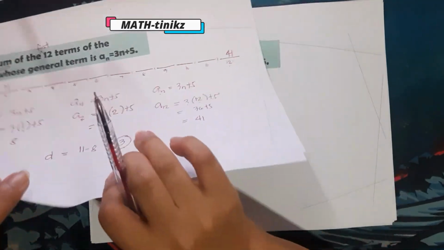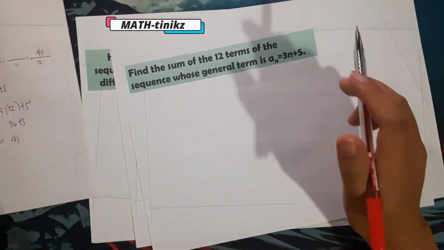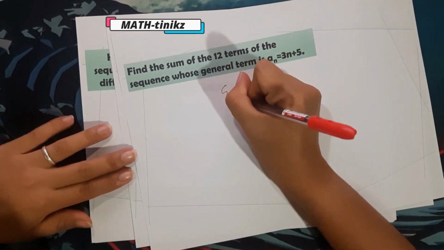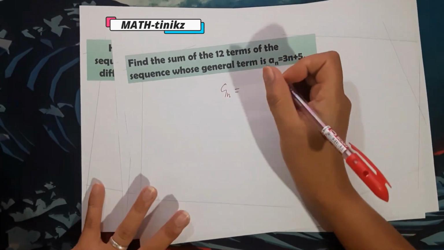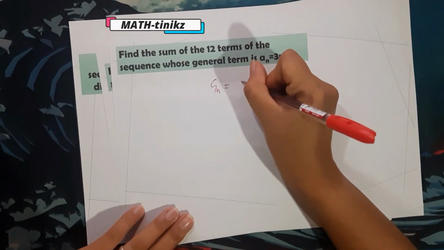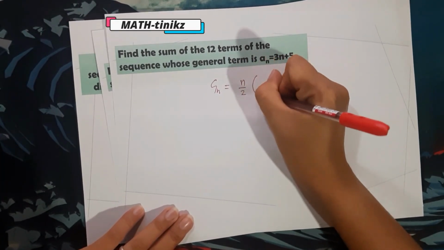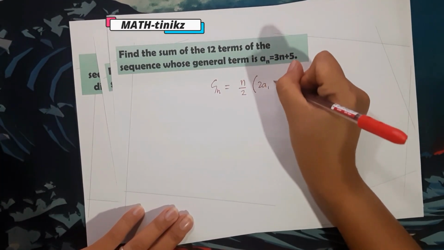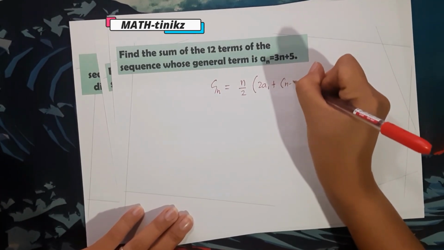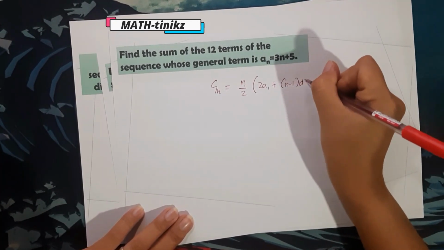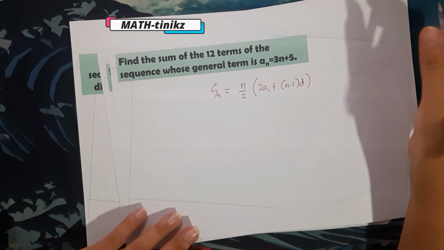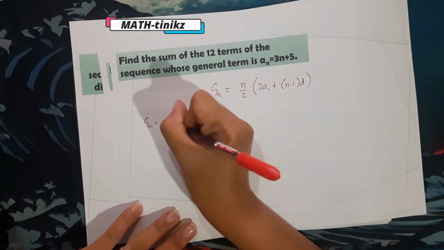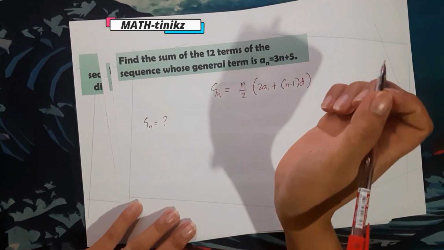So, using the formula, S sub n is equal to n over 2 times 2a sub 1 plus n minus 1 times the common difference. S sub n is the sum, what we are looking for.